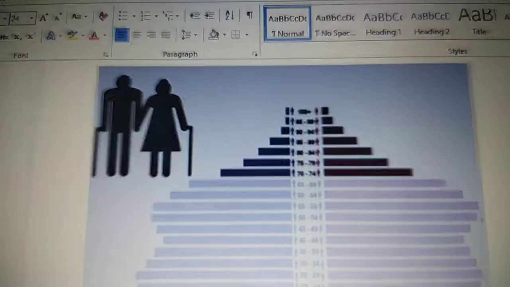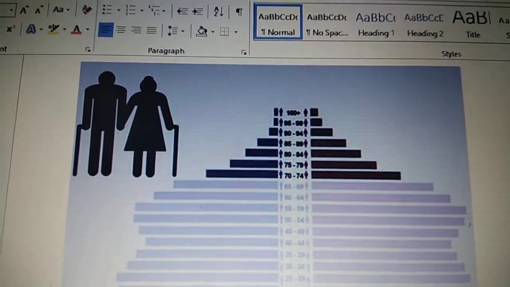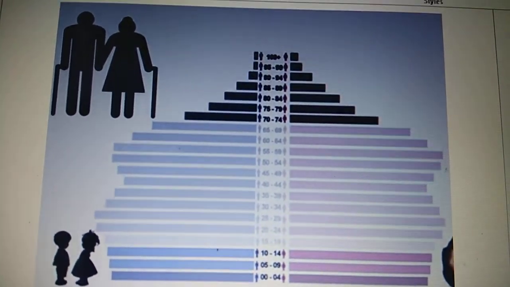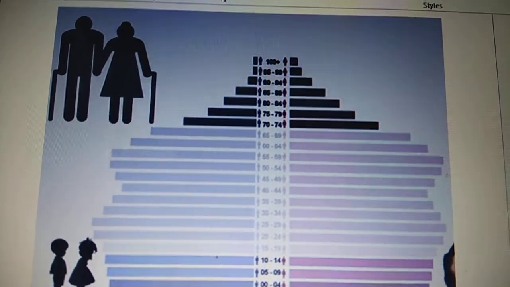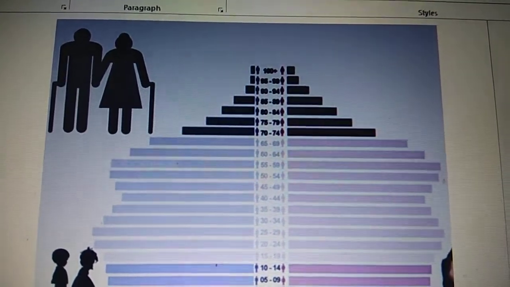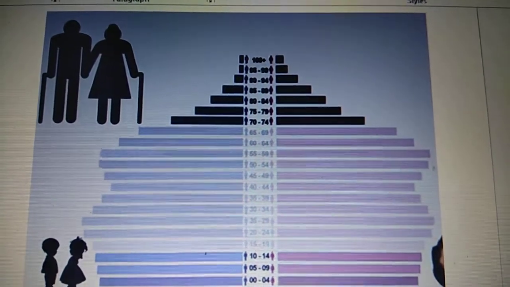If there are more elderly dependents, the government must improve the health sector. And you can see in the middle section are the working people. If there are more young people, they may create unrest if there is no employment. So the government needs to work on creating and generating jobs for the working age group.